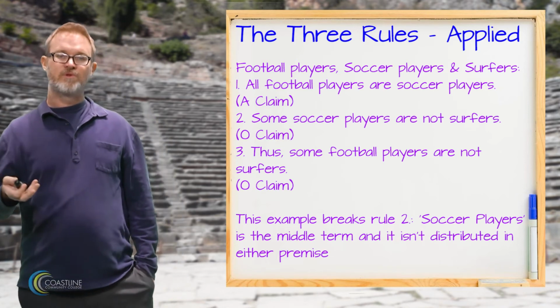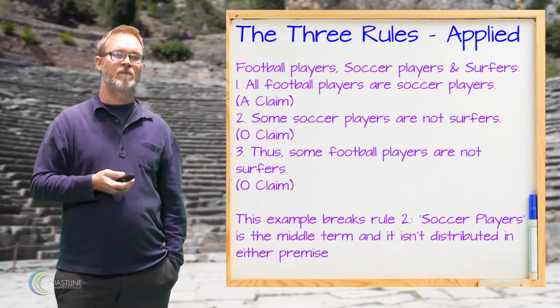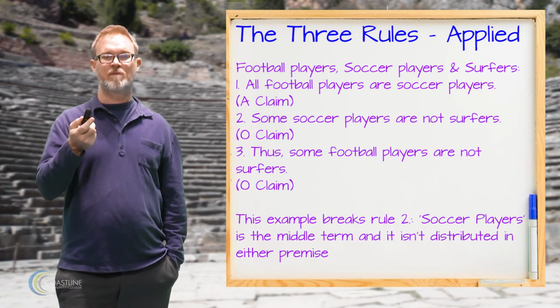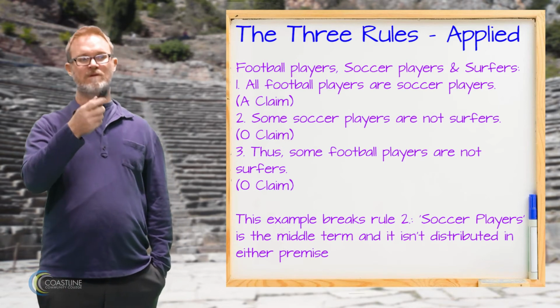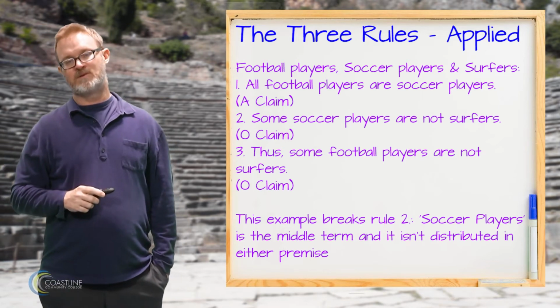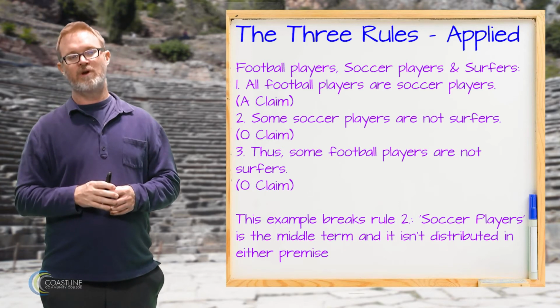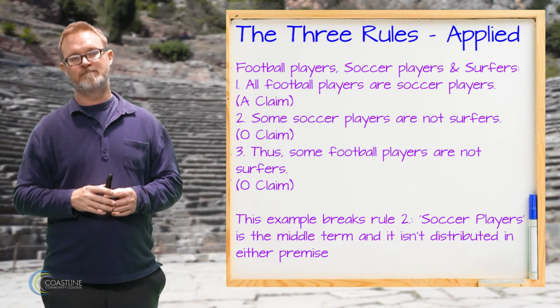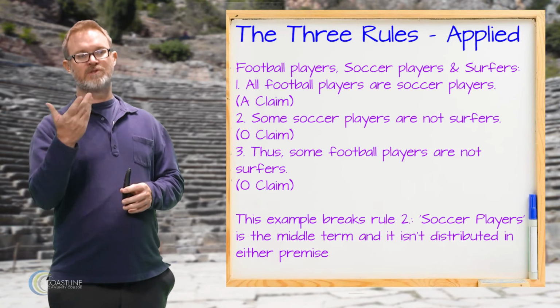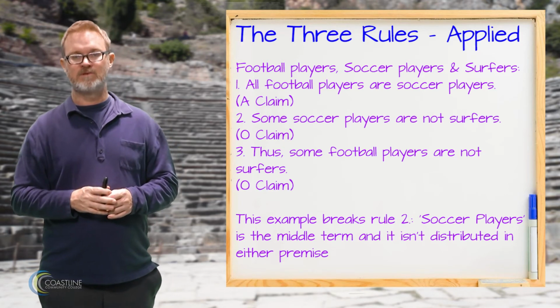So for rule 3 to pass, surfers must also be distributed in the premises, in particular in the second premise where it occurs. And you notice that surfers there is occurring also as the predicate of an O claim, and so it's distributed also in the second premise.